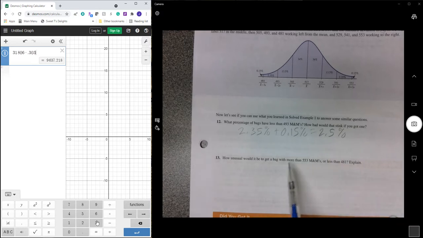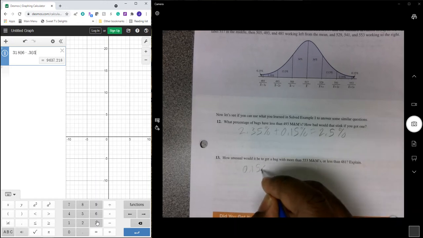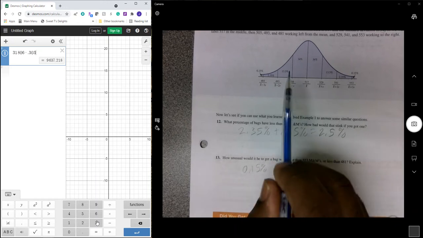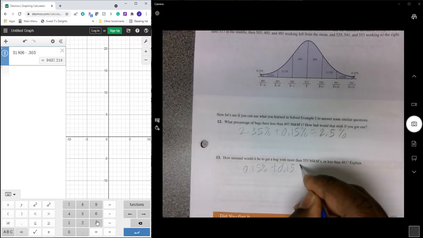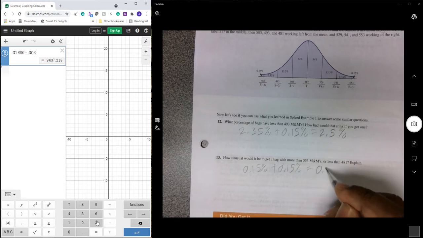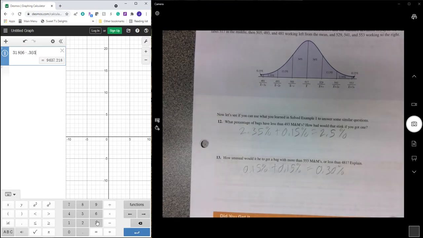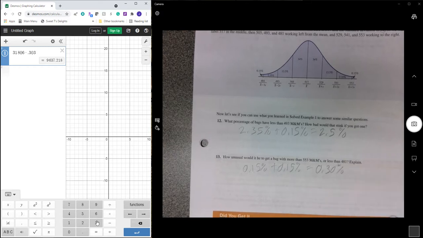More than 553 will be 0.15%, or less than 481, and that'll be another 0.15%. So that'll be 0.30%. That's how likely it would be for you to get a bag higher than 553 or less than 481.